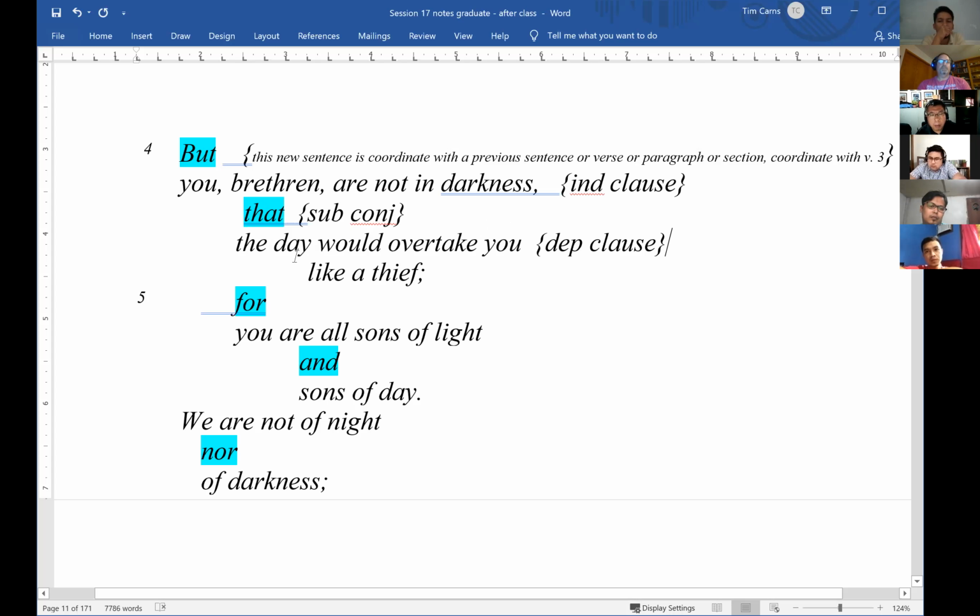Again, my focus is on the conjunctions here. What kind of conjunction introduces this clause? It is subordinate. By definition, subordinating conjunctions are subordinate to a dependent clause. Yes. Okay.